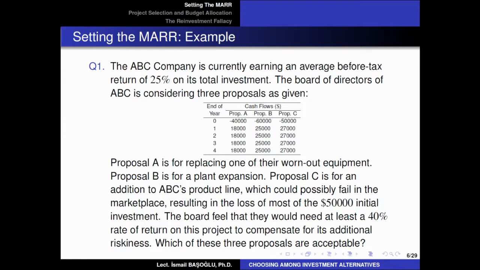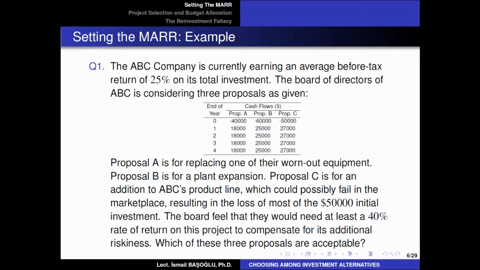However, the revenues that we are going to get at the end of each year are going to be larger as well, $25,000. And for proposal C, you can easily see that the initial investment is less than proposal B, and the annual revenues at the end of each year are $2,000 greater compared to proposal B. So these are the alternatives here.